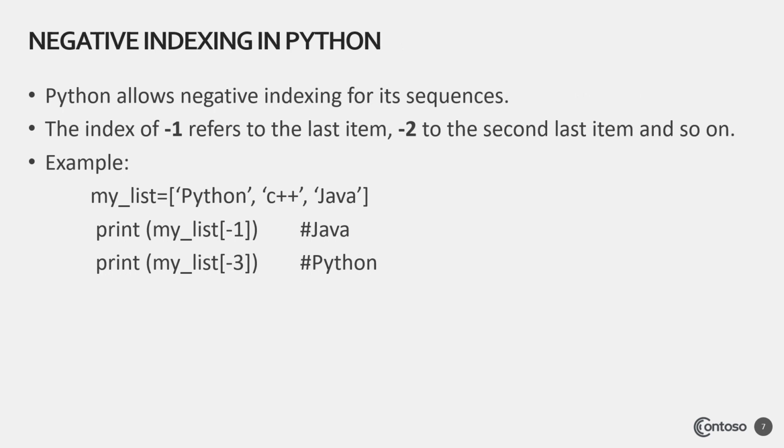Then we could even use negative indexing. Python allows negative indexing for its sequences. The index -1 refers to the last item, -2 to the second last item, and so on. In the given example, it is very clear: Java has the index -1, C++ is -2, and Python is -3.